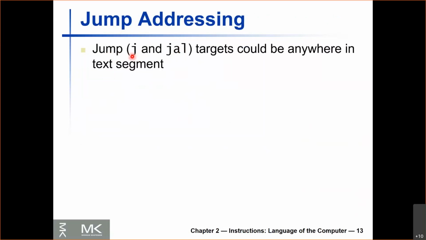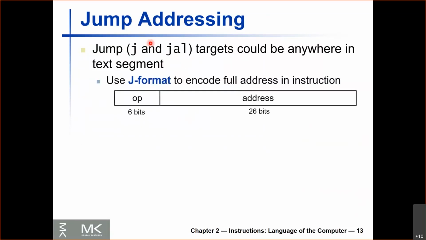But for jump and link, the target of jump or jump and link can be anywhere in the text segment. It can be anywhere in the code. So the 16 bits that we use for the branch instruction are most likely not going to be enough for the jump instruction.